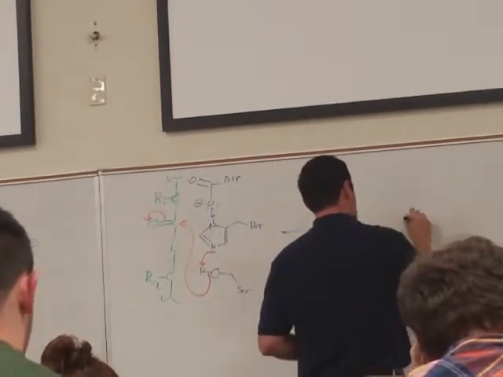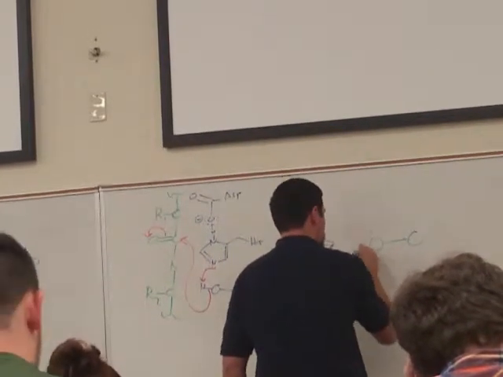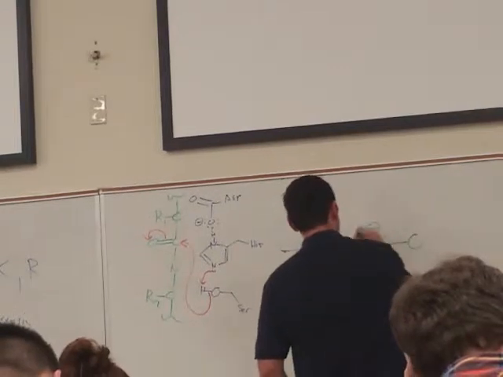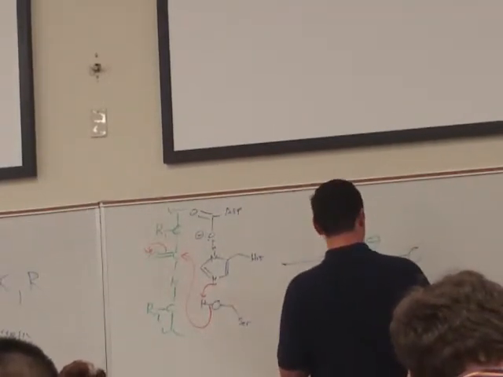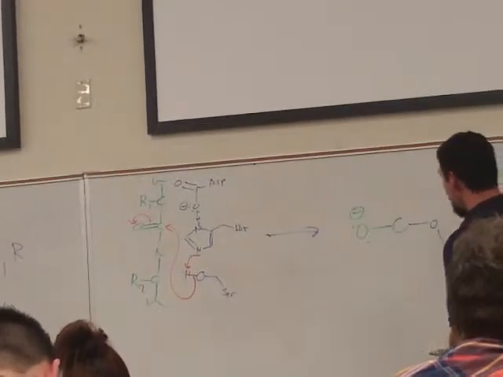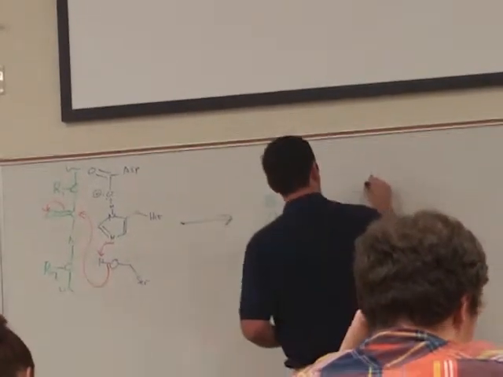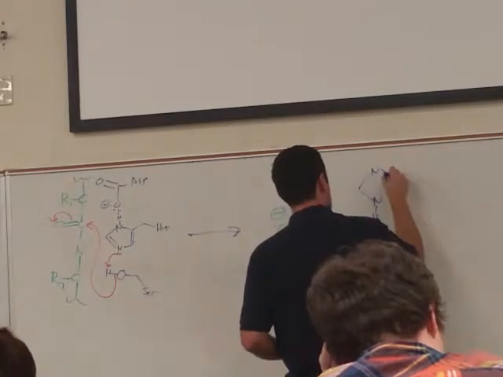And then what do we get? We get this tetrahedral intermediate transition state, very high energy. So I've got serine that attacked it. Our histidine now is protonated.